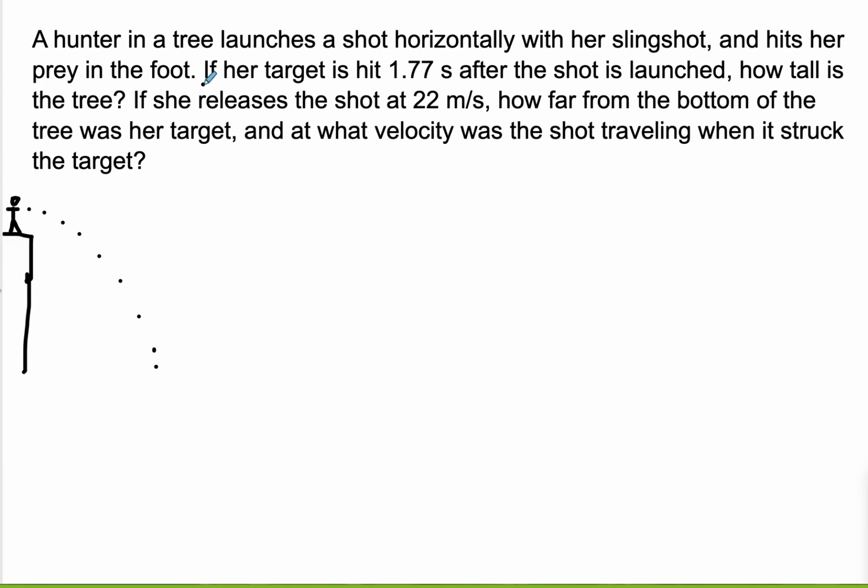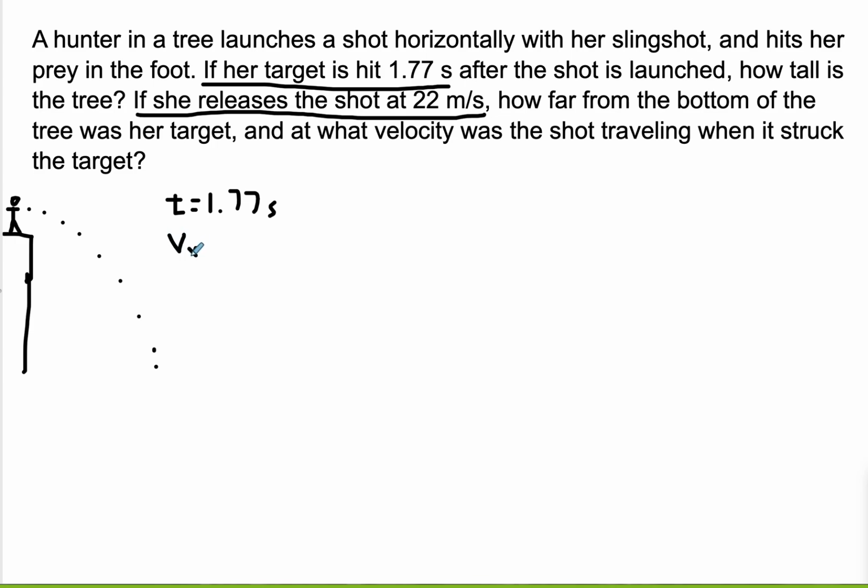She says her target is hit 1.77 seconds after the shot. So this time, I'm actually given the time in air. I don't have to solve for it. So the time in air is 1.77. I also know she releases a shot at 22 meters per second. Because she fired that shot horizontally, that was Vx.